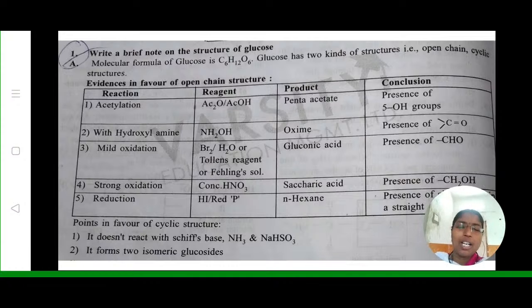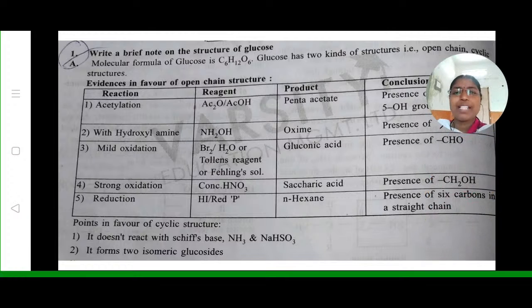And the last conclusion for the open chain structure of glucose is reduction. Reduction means hydrogen iodide reacts with red phosphorus. They undergo reduction to form n-hexane. It means the conclusion is the presence of 6 carbons in a straight chain.